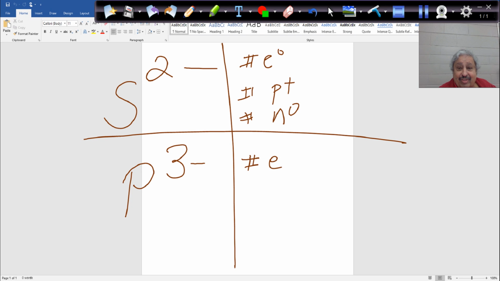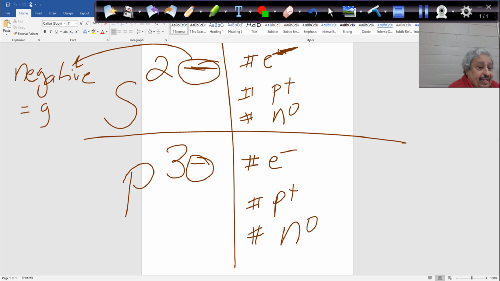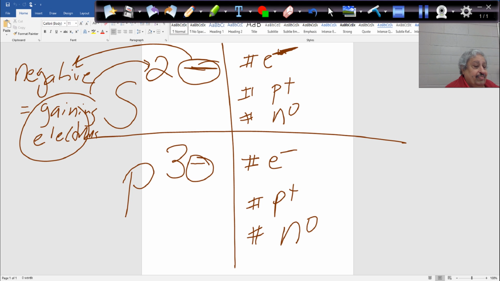Since this is negative, it means you are gaining those electrons because they are negative. So negative means you are gaining extra electrons, negative charges, by the number of the charge itself.